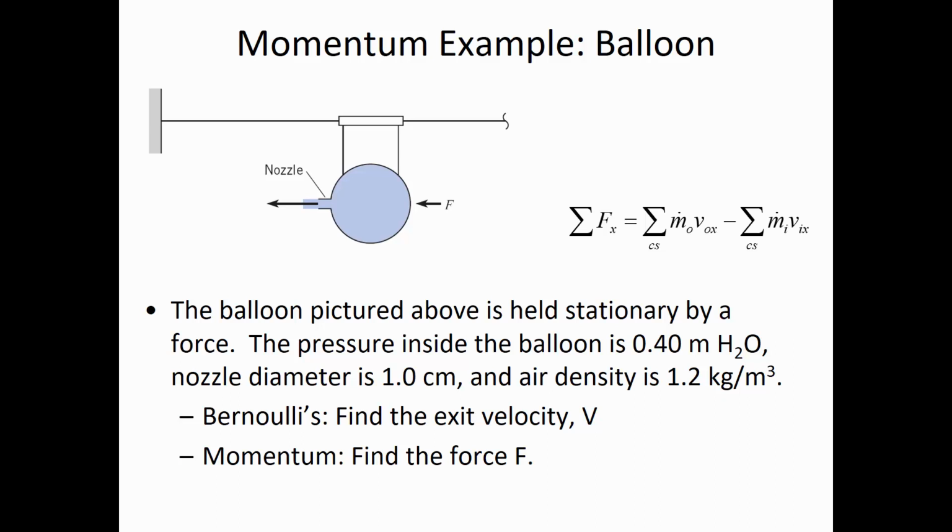Now, what the problem statement tells us is the pressure inside the balloon. And they're using kind of unusual units that we haven't seen before. They're saying the pressure inside the balloon is 0.4 meters of water. Anybody have a guess on what that means? Instead of kilopascals, they're saying the pressure inside the balloon is 0.4 meters of water.